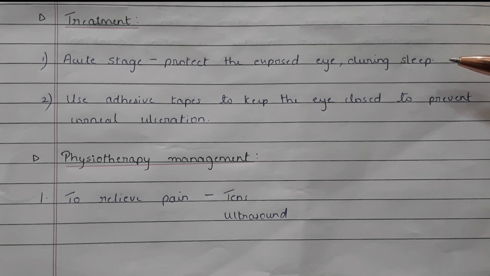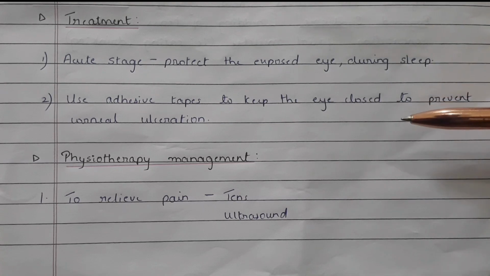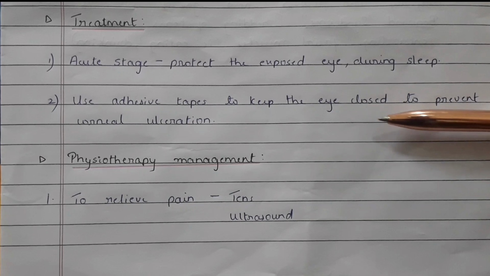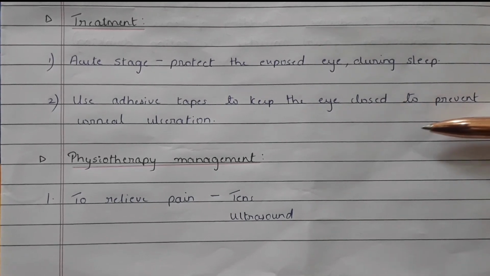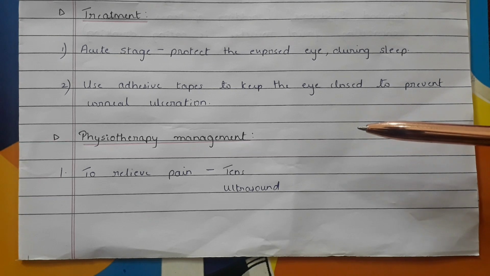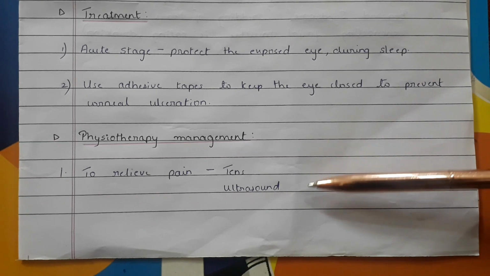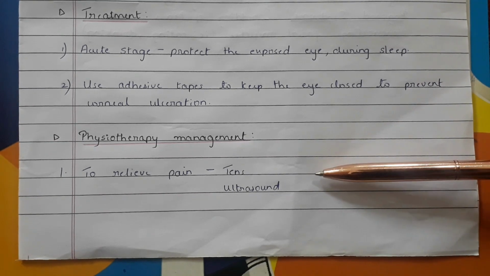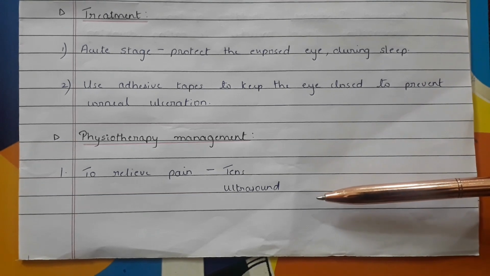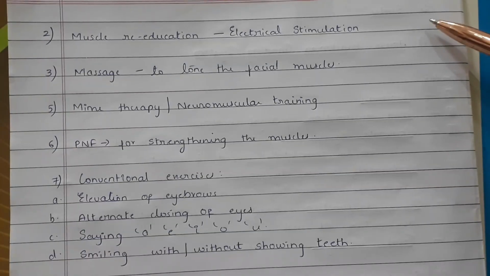Treatment in the acute stage includes protecting the exposed eye during sleep and also using adhesive tapes to keep the eyes closed to prevent corneal ulceration. Physiotherapy management to relieve pain includes TENS, that is transcutaneous electrical nerve stimulation, and therapeutic ultrasound.